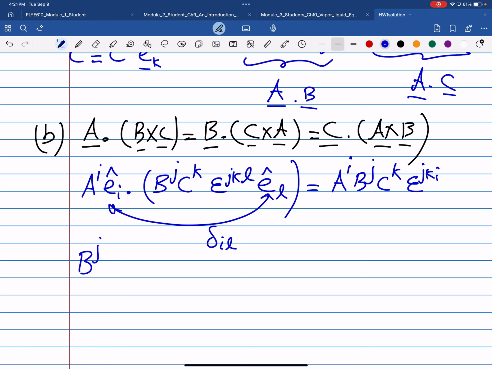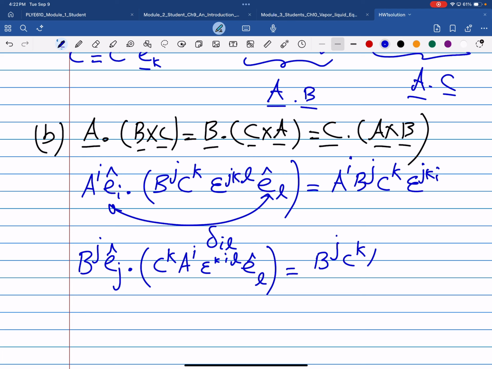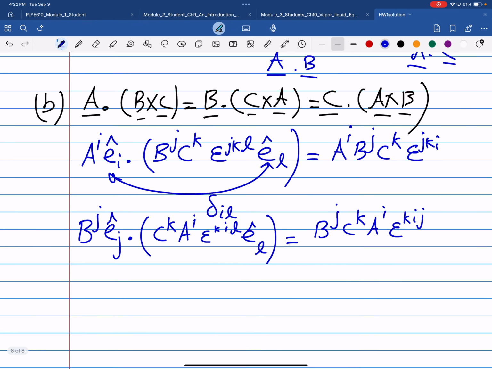Let's say the second one. It is B_j e_j dotted by C cross A. I will write it as C_k A_i epsilon_kil e_l. So this one is going to be B_j C_k A_i epsilon_kij. Okay, so we can consider these two things. So that one is the same.